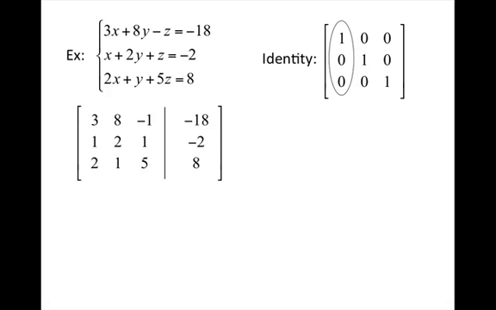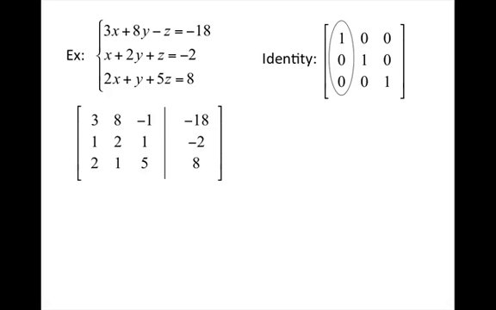I want to get a 1 in row 1, column 1. So I need this 3 to become a 1. Well, look below it and I have a 1. So it didn't matter what order these equations were given in. When I graph them, I'm going to get the same solution. It doesn't matter which one I graph first or second or third.